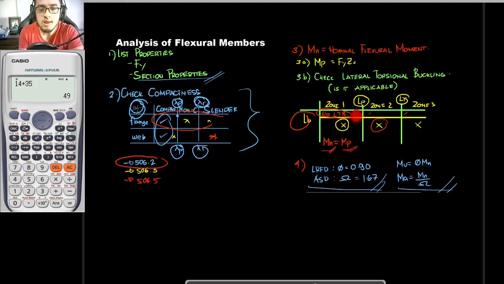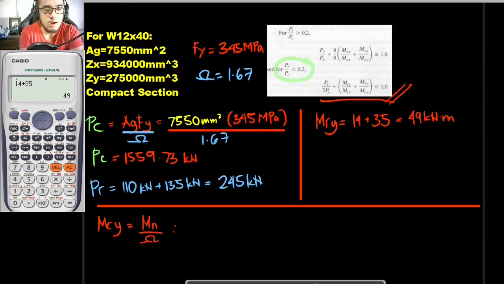If you are dealing with structural members in zone 1, you wouldn't be experiencing lateral torsional buckling. That's why your nominal moment is equal to your plastic moment.